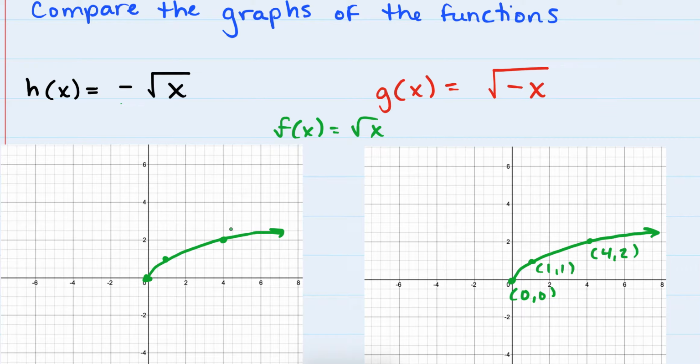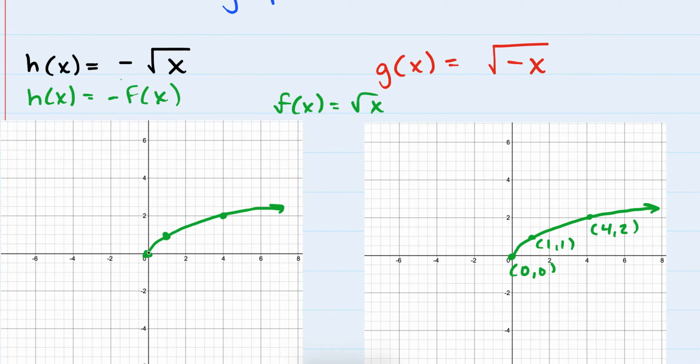And those are the same points right here. Okay, this negative is on the outside. h of x is negative f of x. And we said that corresponds to a reflection about the line y is equal to 0. So that's what we're going to do.